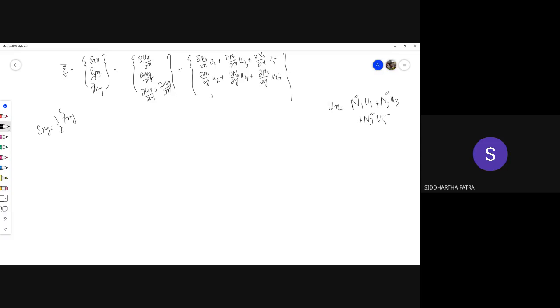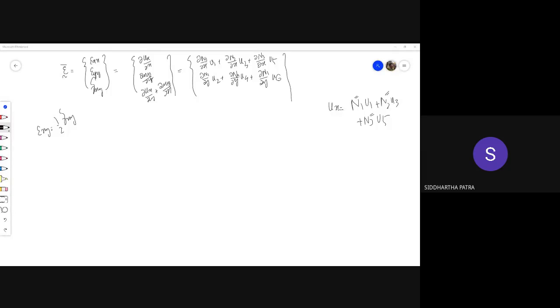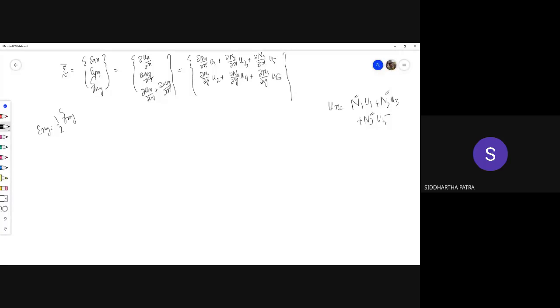Del n3 del y u6. Can you write down the expression for gamma xy? Just take the first term. Del ux del y is del n1 del y times what, u1 or u2? u1.